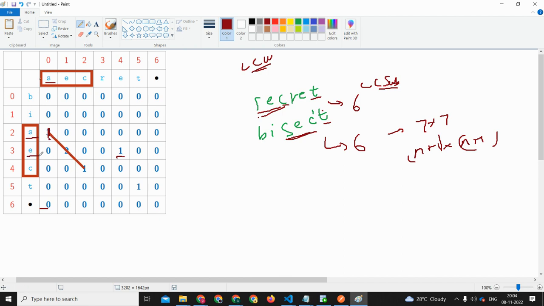Do you understand that? So whenever you see 1, 1, 1 in a diagonal, you need to add them up. A diagonal means that there are two letters matching in a sequence, and that's why you add up the diagonals in that way.